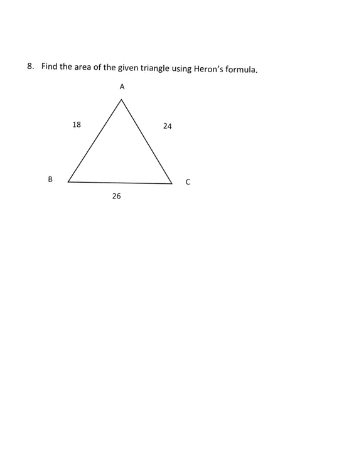Number 8. So this one says using Heron's formula. That's like at the bottom of your formula sheet where it has the area formulas. This is kind of a 2-step problem. So the formula for area using Heron's formula is this.